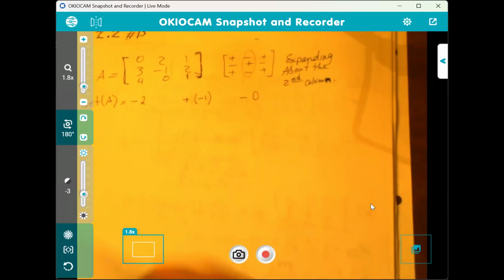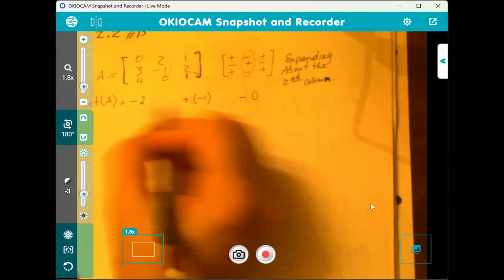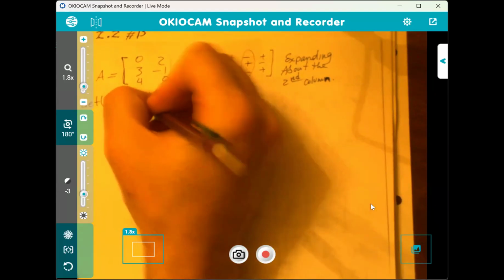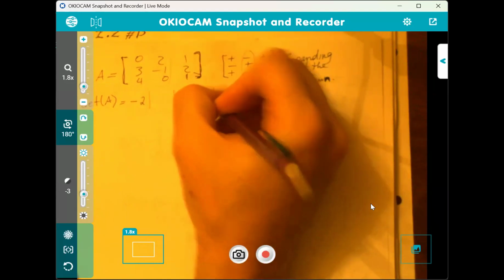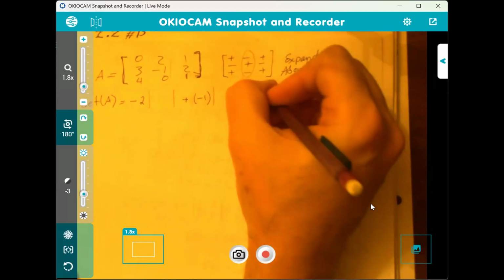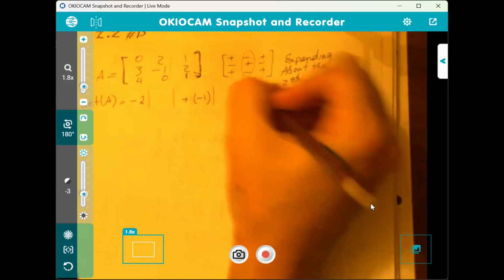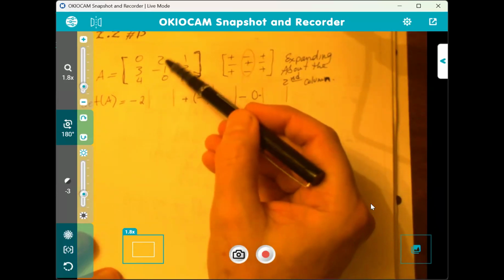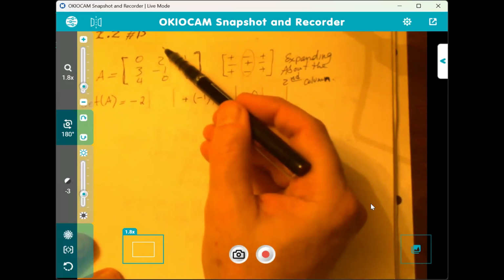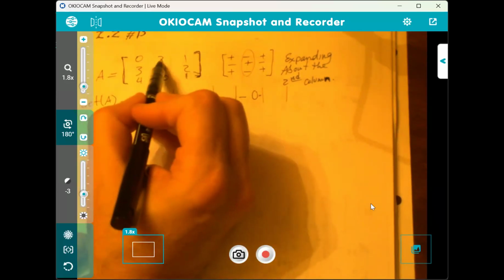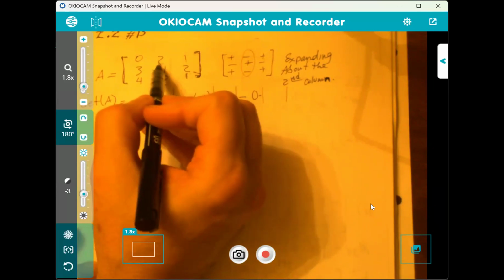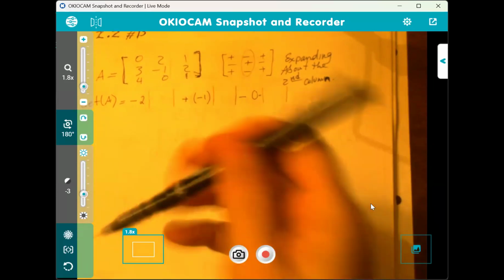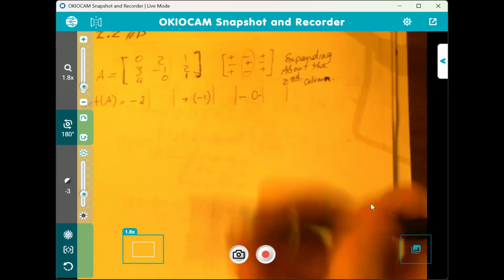Okay, now expanding about the second column. What we're missing now are the minors, right? So next to every one of these, each of these 3 numbers, I'm going to have a 2 by 2 determinant. Remember, the minors are 2 by 2. Okay. For the minor of 2 in the first row, second column, that's when you delete the first row.